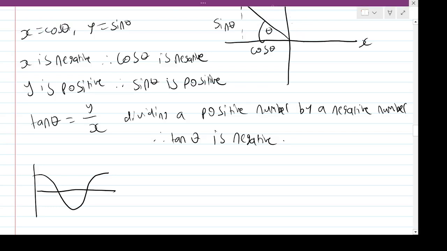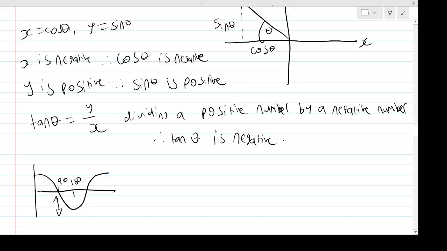This overall angle there would be 90 and then some, right? Well, if 90 is there and 180 is there, we can see that the curve between 90 and 180 is underneath, on the negative y-axis, meaning it's negative.